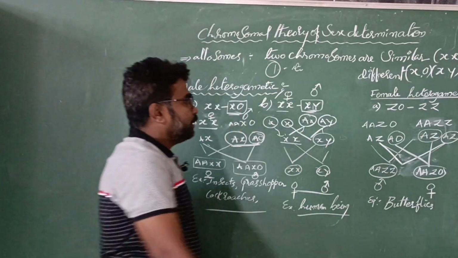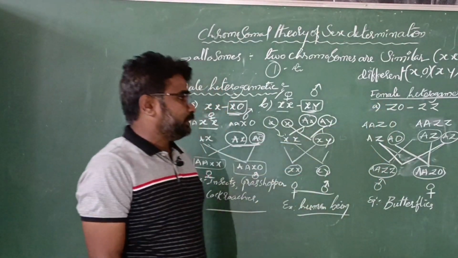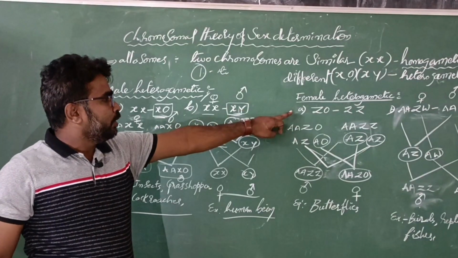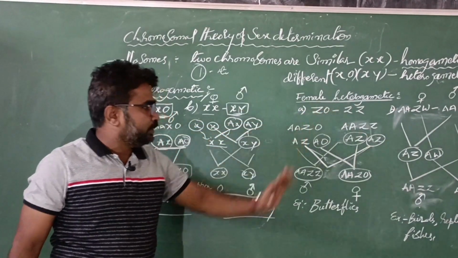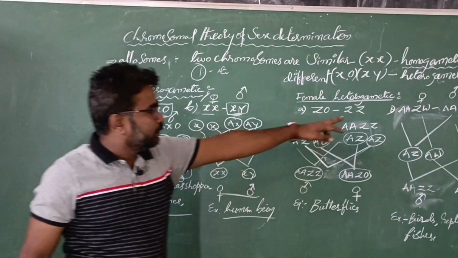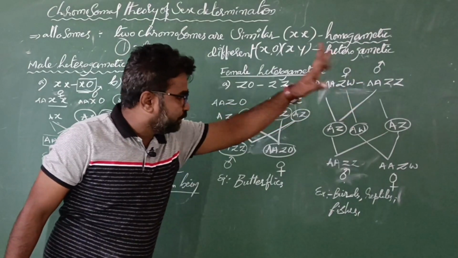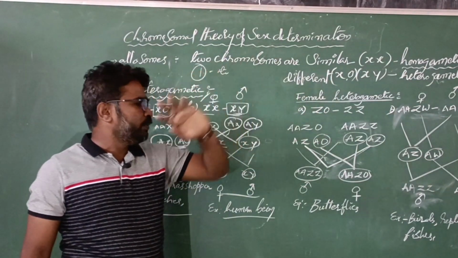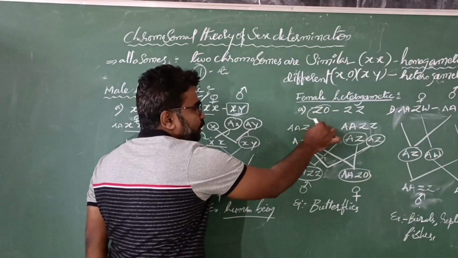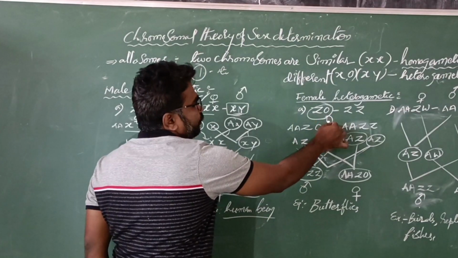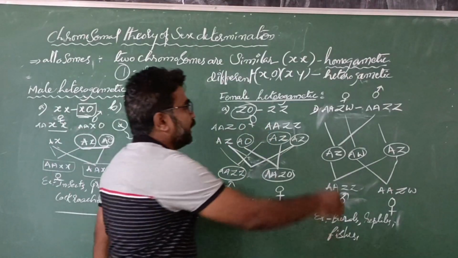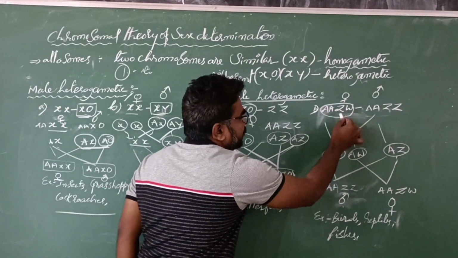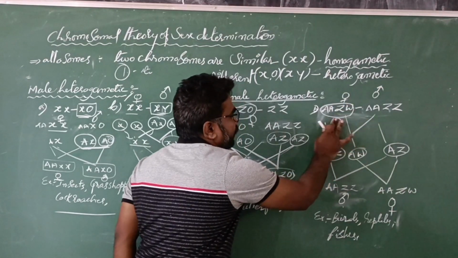Next one, female heterogametes. Here also two types are there. Number one, ZO, ZZ. Two, ZW, ZZ. Very simple. ZO, ZW. Here ZO, this is female individual. Here ZW, this is female individual.